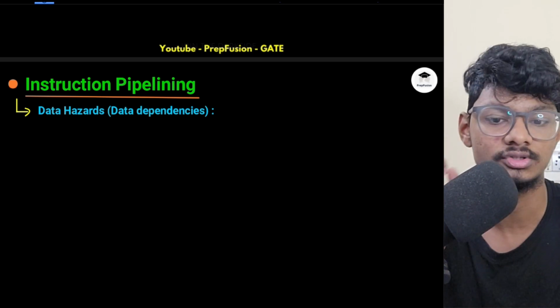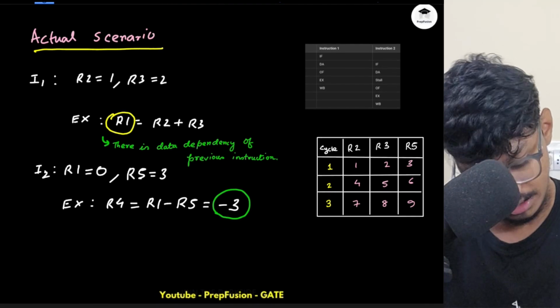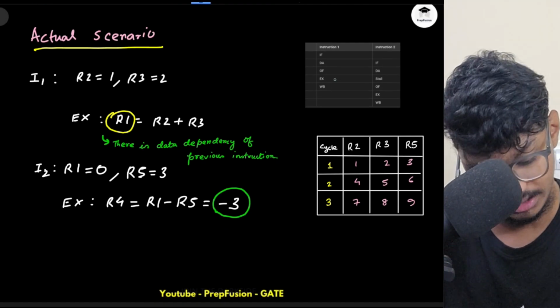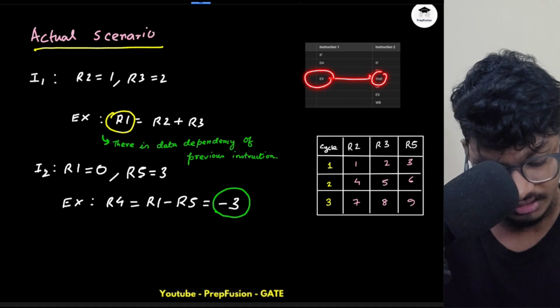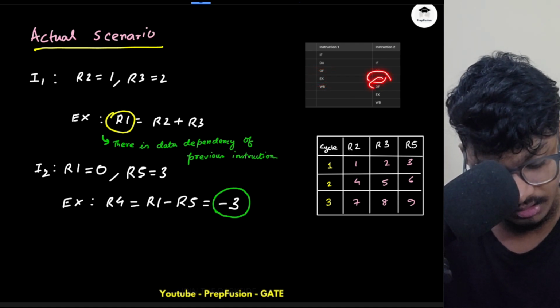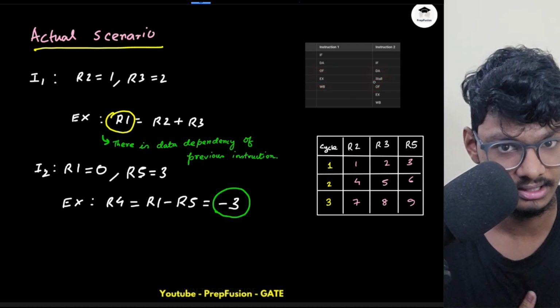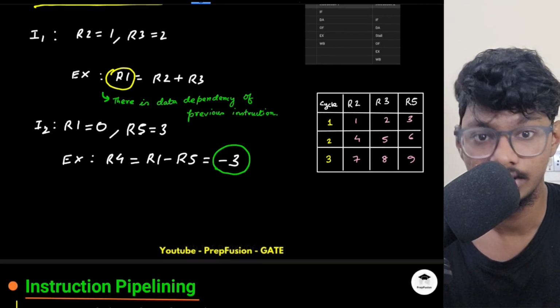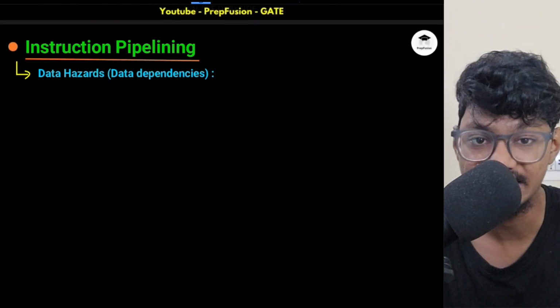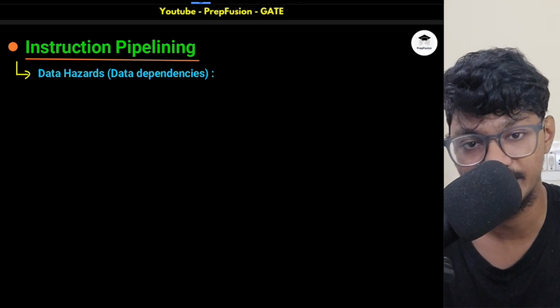It is very difficult for us to find out data dependency. If I find out that there is a data dependency here, what I will do is give a stall cycle here, so that only after the execution phase do I do the operand fetch, correct? That is the problem. The pipeline itself doesn't understand if there is a data dependency or not.